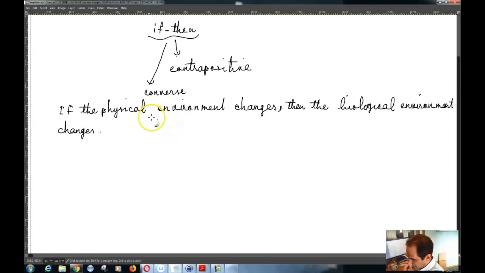So the example is, if the physical environment changes, then the biological environment changes.